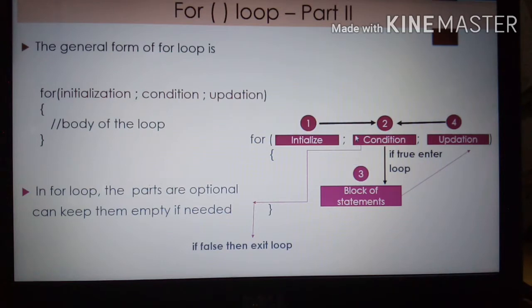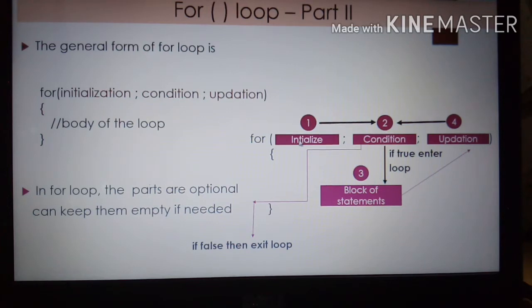From the figure, the working of the for loop with initialization, condition and updation is very clear. The first expression is the initialization expression. The loop variables we are initializing here. Then we go to the condition. If the condition is true, we enter into the loop and execute the block of statements.